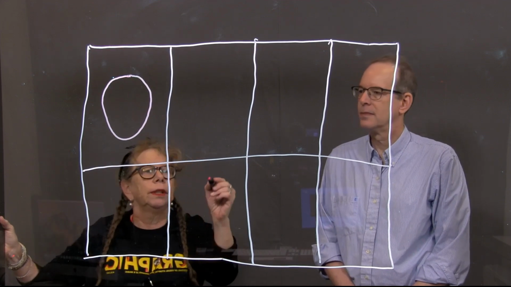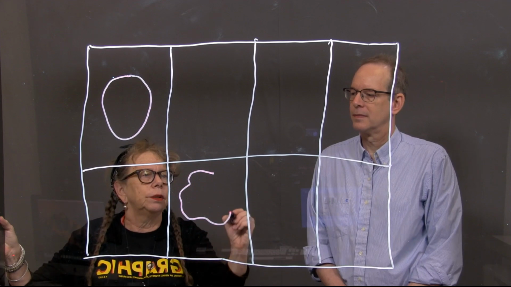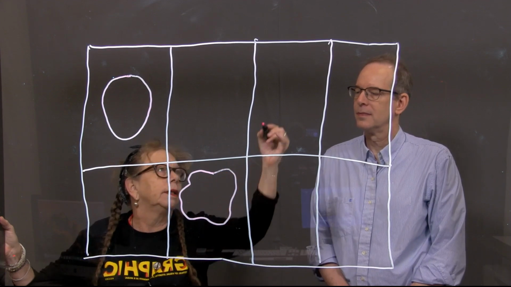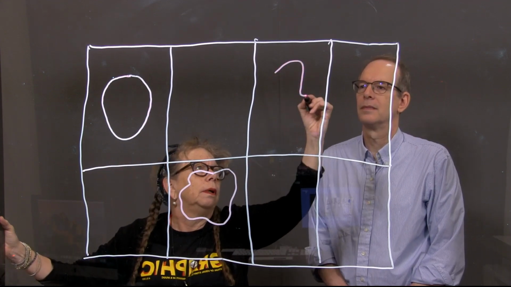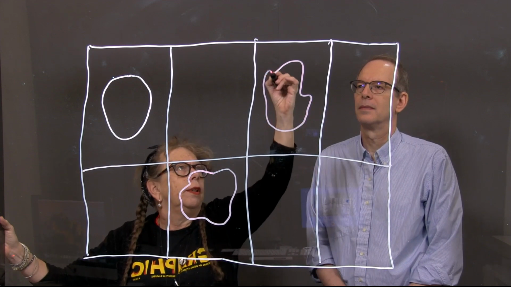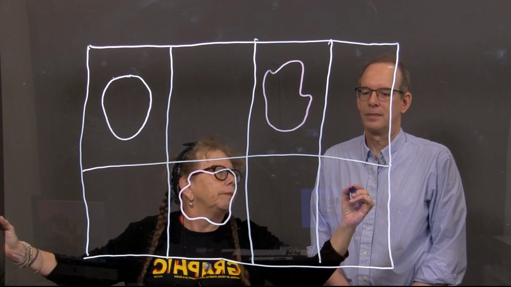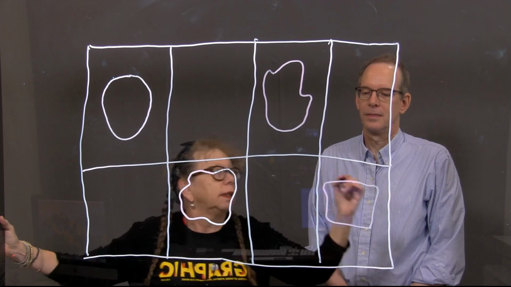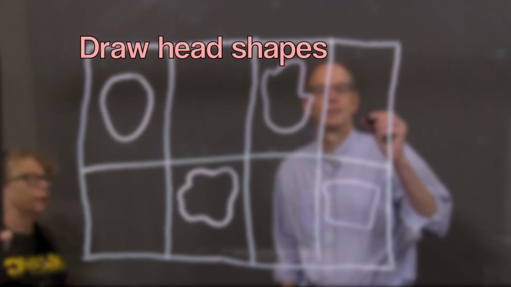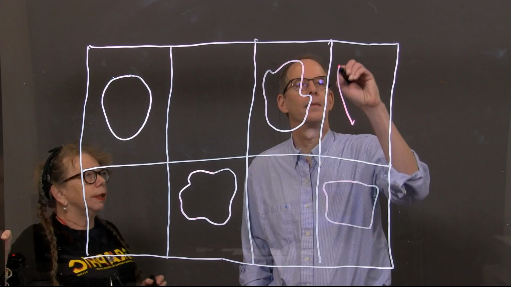But in comics, the shape of a head can also be that, or that, or that. So why don't you go ahead and draw 4 head shapes pretty rapidly.